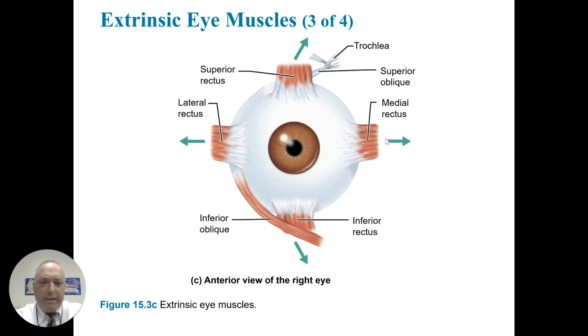To move the eye medially is the medial rectus. To move it up is the superior rectus, and to move it down is the inferior rectus. Then the inferior oblique, when you pull on this will rotate the eye and point it downward, so downward right. And then the superior oblique, when it's contracted, would also move the eye upward. This is more like rolling your eyes.